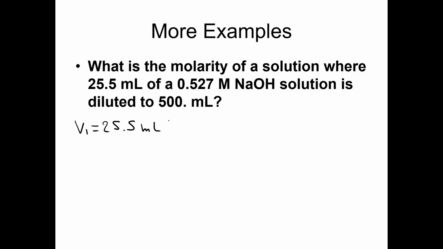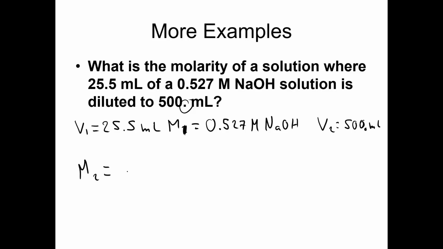It belongs with the M1, of course, 0.527 M, and that's technically NaOH. And we also know that we want our final volume to be 500 milliliters. And see, this decimal here tells me that I have 3 significant figures. I wanted that accurately.